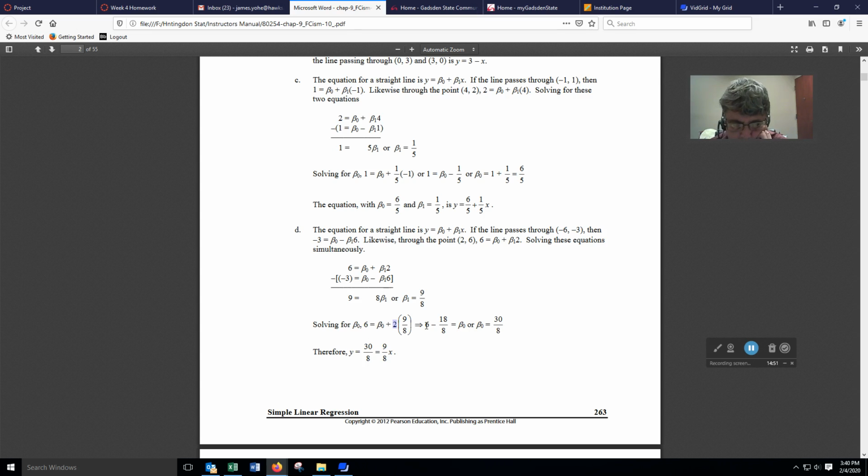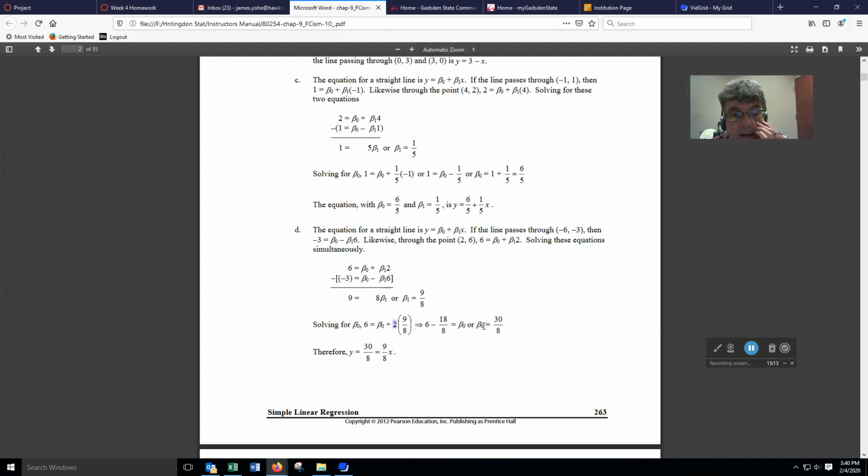When we bring this negative 18 over 8 over, we're subtracting it from 6. 6, if we convert that into eighths, would be 48 over 8. So I have 48 over 8 minus 18 over 8. That comes out to be 30 over 8.